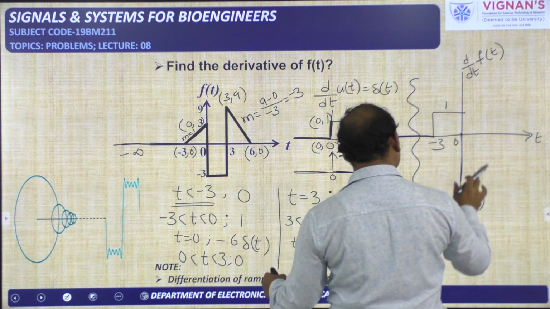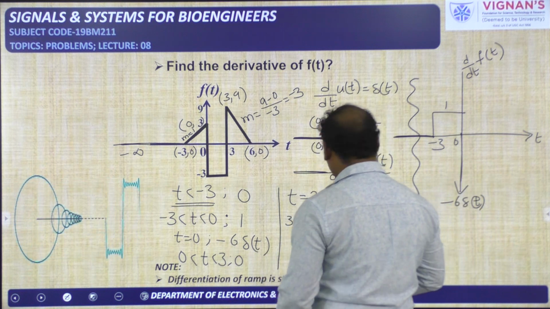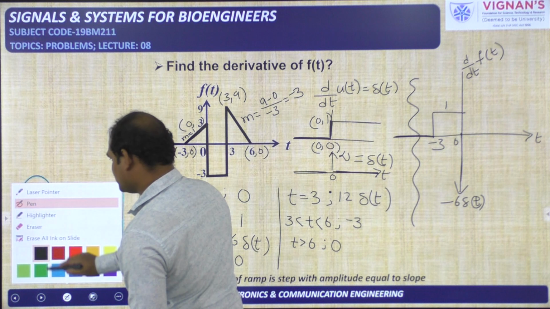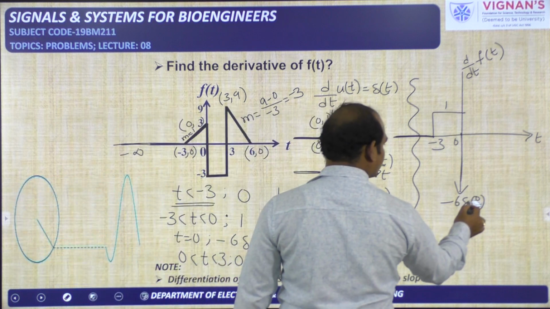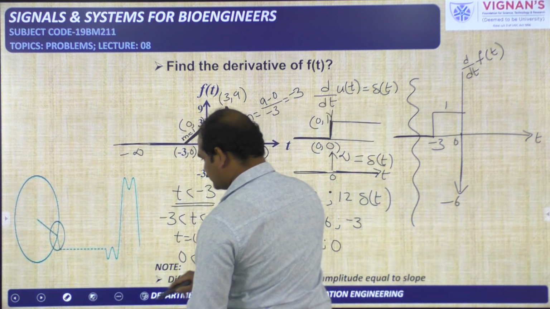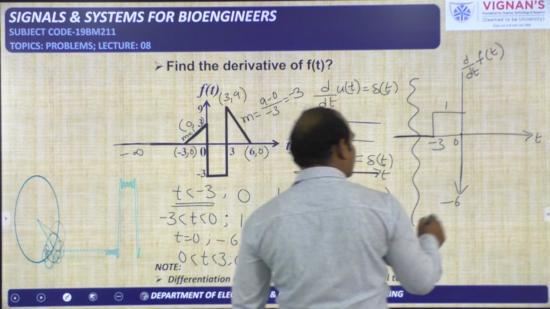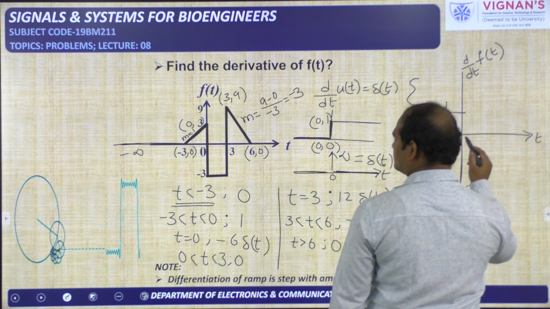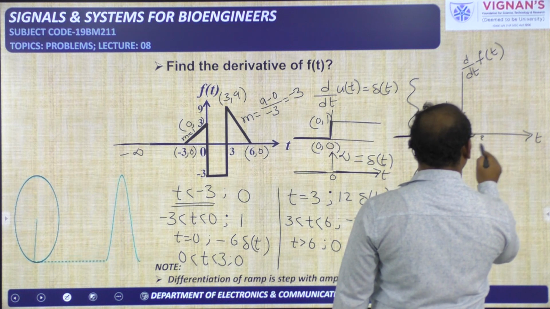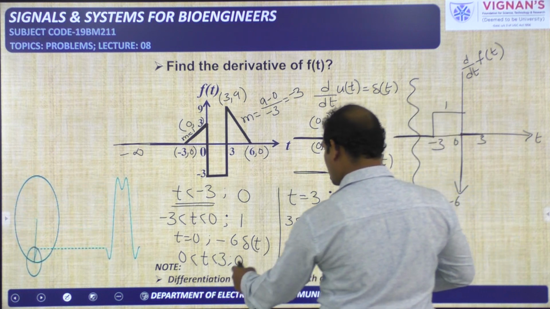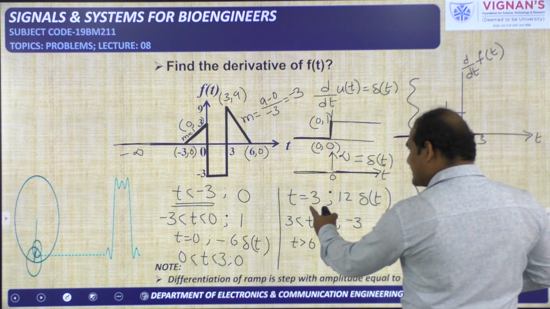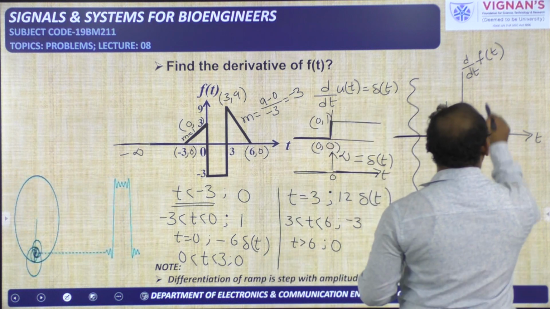That means minus 6 with one impulse we can represent, no need to write del of t. Next, from 0 to 3, the amplitude is 0. Next, exactly at t equal to 3, the amplitude is 12.